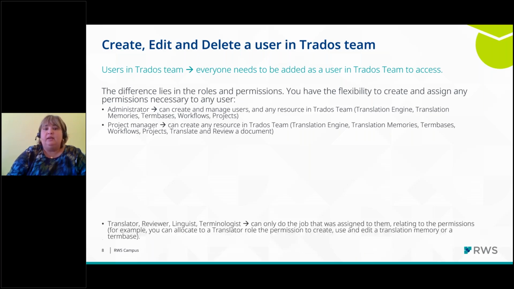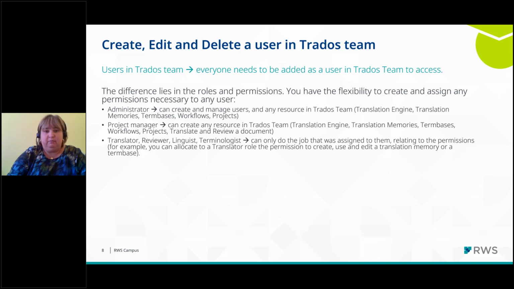This one can create resources in Trados Team, but cannot add users, for example. The other users will be translator, reviewer, linguist, and terminologist. It will be useful to check the permissions that they have, because the default one for the linguist has only 7 permissions that, for example, don't include the possibility to create, use, or edit a translation memory or a term base.